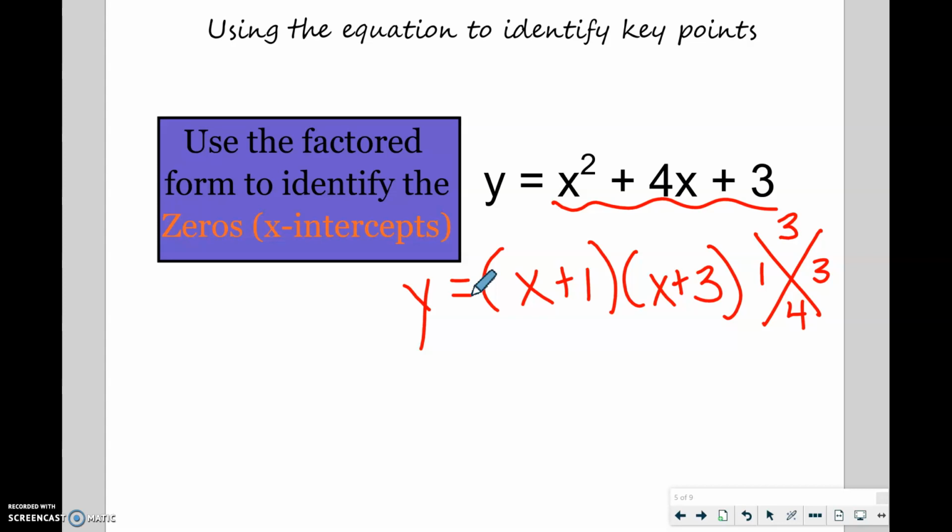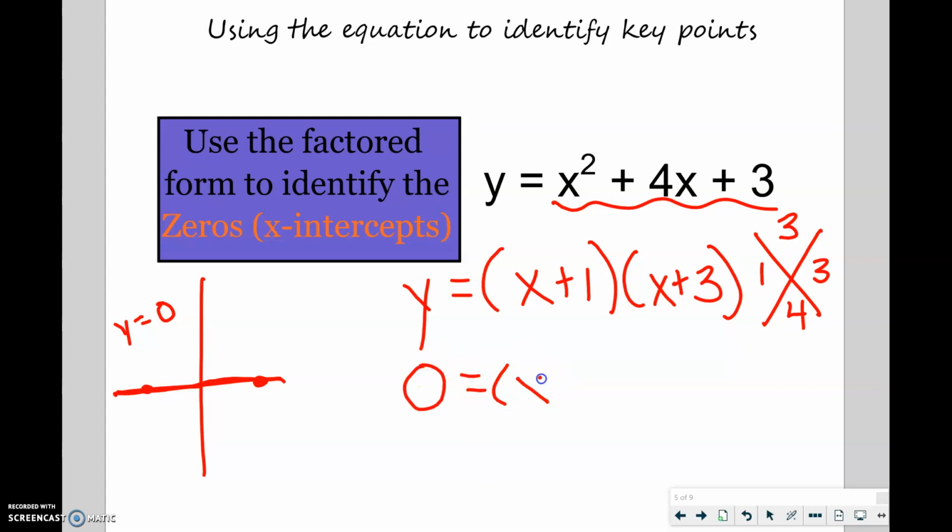So now if you think about a graph, when I'm finding those x-intercepts, if I have an x-intercept anywhere along here on my x-axis, the thing that I know about any of these points is that the y value has to be equal to 0, because right here, that y value is 0. So what I can do is think about it as those x-intercepts, to solve them, that y value has to be equal to 0.